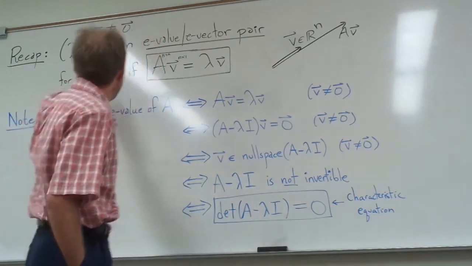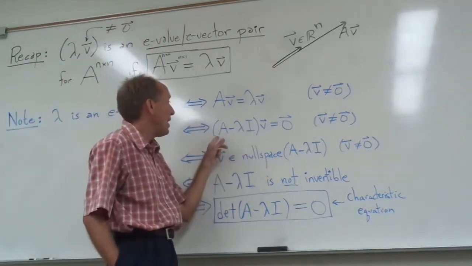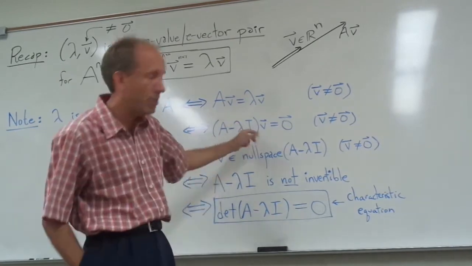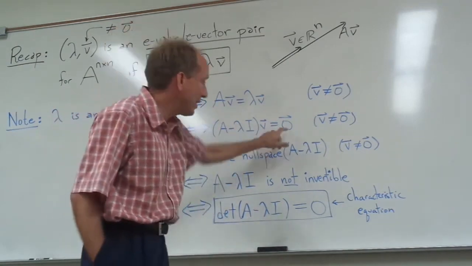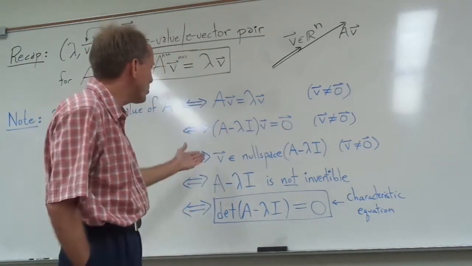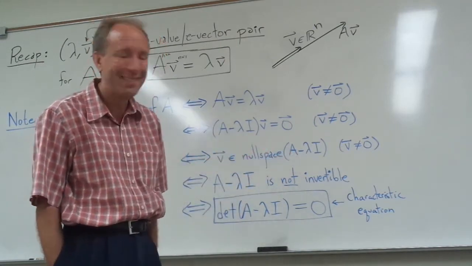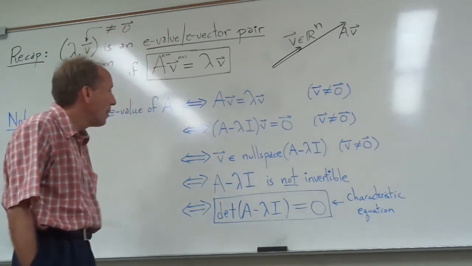Here I is the identity matrix. In other words, v is in the null space of A minus lambda I.